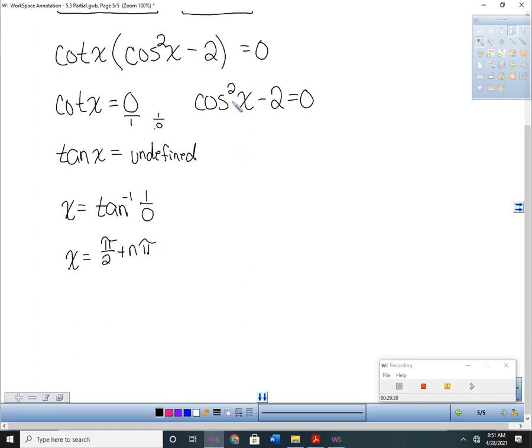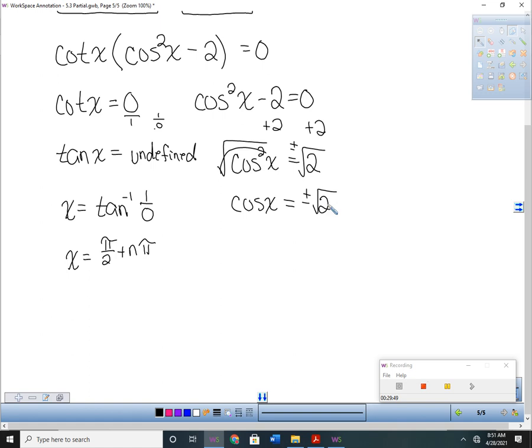And then we're going to work over here, so I'm going to add the 2. So I have cosine squared x is equal to 2. And then I'll square root. So cosine x is equal to, don't forget your positive or negative, square root of 2.